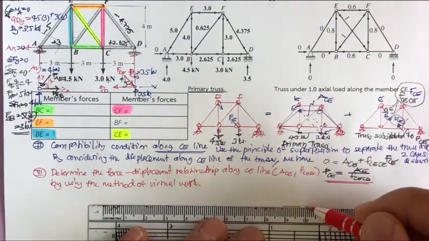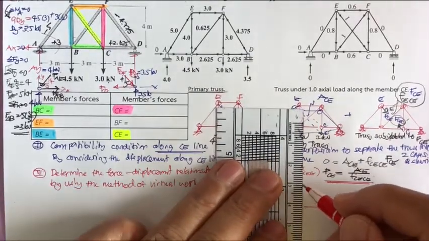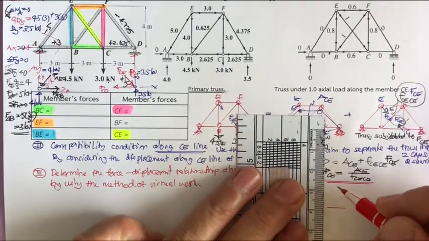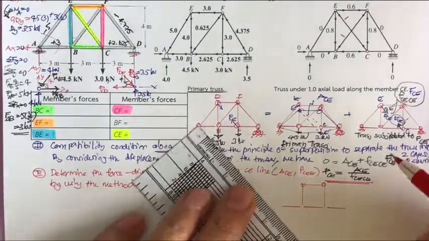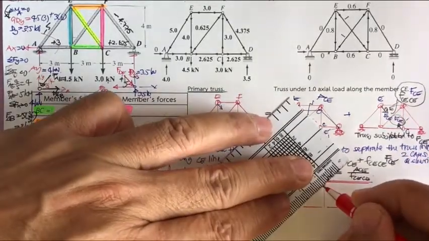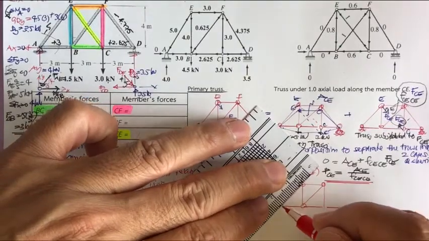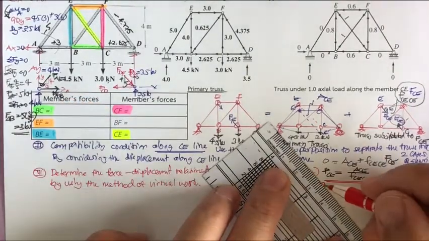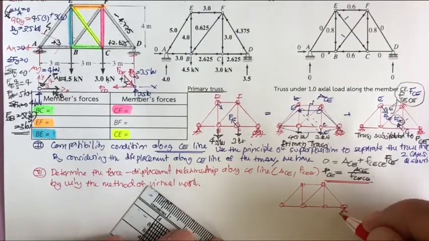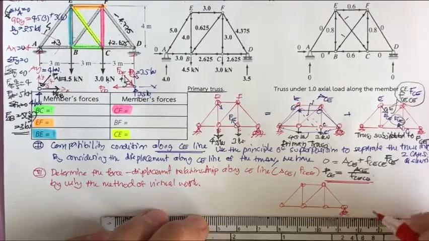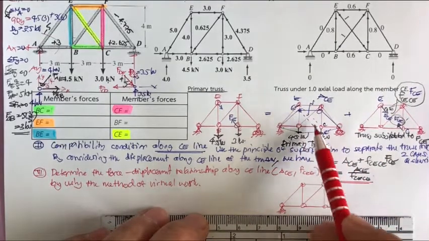So what we need is, we're going to have 1 point unit load. The nickname of this method is unit load method, right? So we require a unit load to put into the structure to produce the external virtual work, and it's going to be in the CE direction, right? Because we are going to determine in the CE.